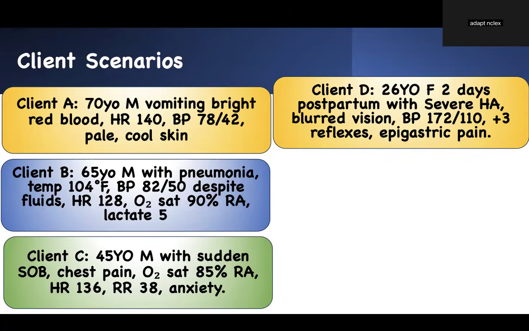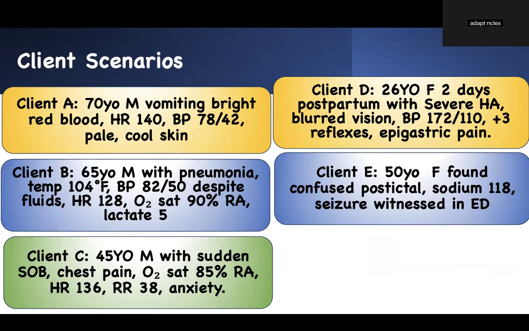What is the problem? A 26-year-old female who's two days postpartum with severe headache, blurred vision, hypertension, high reflexes, and epigastric pain. This is a bad problem associated with a postpartum patient. You see what they're doing? Good cases, good prioritization, but they put them together. You just have to handle them the way you would if you're taking care of patients. A 50-year-old, confused, found post-ictal after a seizure, and he just had a seizure again in the emergency room. His sodium is 118.